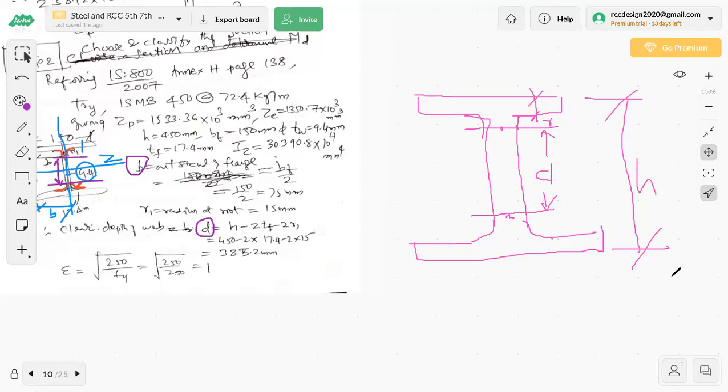In order to get small d, you have to subtract this side flange thickness, this side radius, this side radius, this side flange thickness. Any question here? That is what I have done.